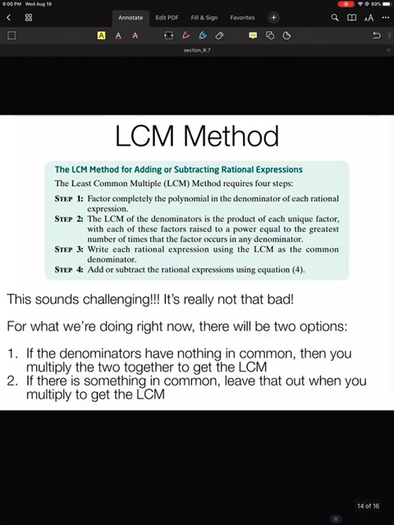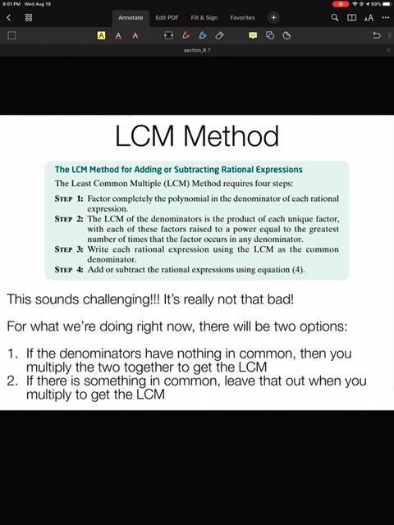An easier two-step process that I'm going to propose here is this: if we have denominators that are not equal, what you'll likely see is that either the denominators have nothing in common, and then you just multiply the two together to get your least common multiple.